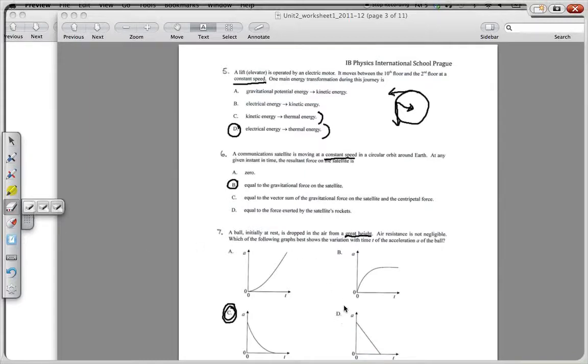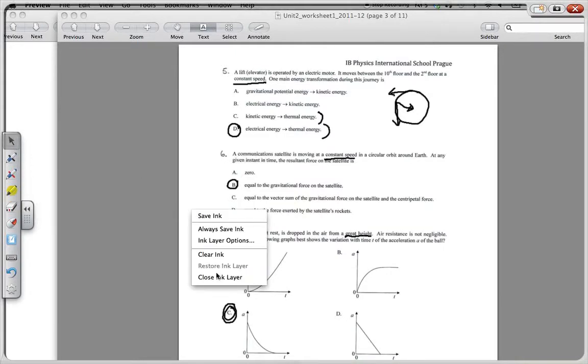In this case over here, you suddenly see that the acceleration comes to an end very quickly. As it gets close to terminal velocity, where the force difference between air friction and the weight of the object becomes very small, that change in acceleration becomes less and less as it goes down.